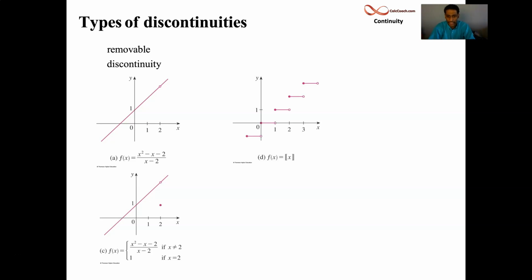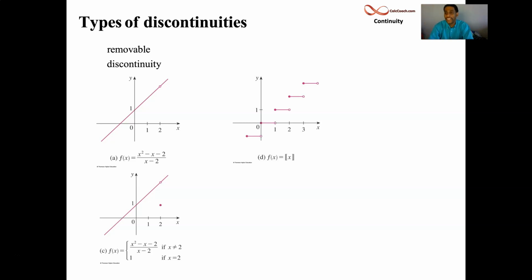This is commonly called the taxi cab function because in a taxi cab, the fare is stuck on a certain value for a certain amount of time or distance traveled, and then it jumps to a new value. Stays on that for a little while, and then it jumps again. And so that's what's going on here.